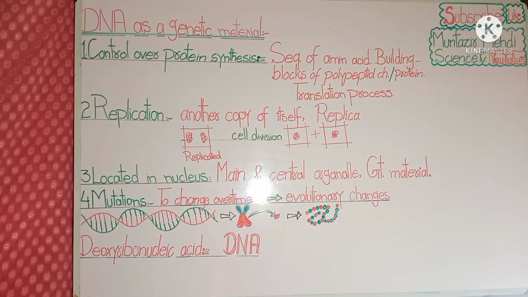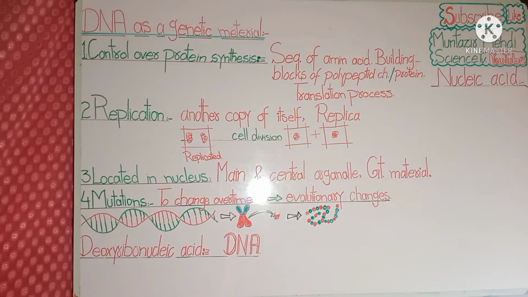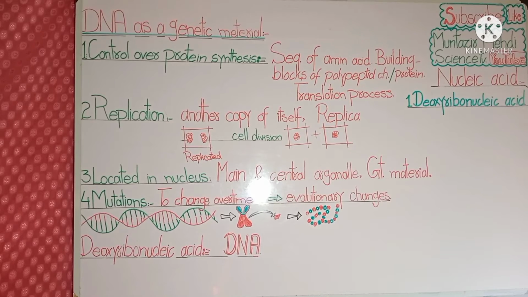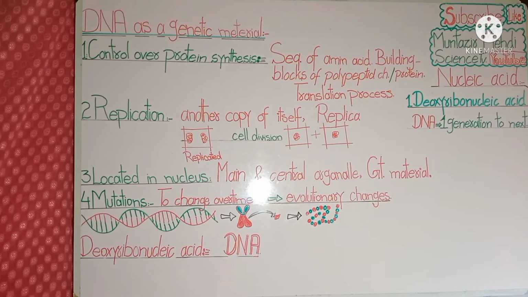It is an important point to note that the DNA molecule belongs to the nucleic acids. A cell contains two types of nucleic acid. The first one is deoxyribonucleic acid, shortly called DNA, that transfers genetic information from one generation to the next and acts as a genetic material.